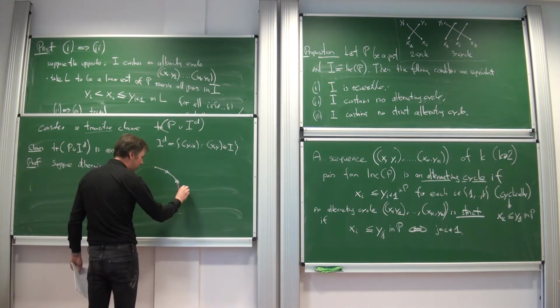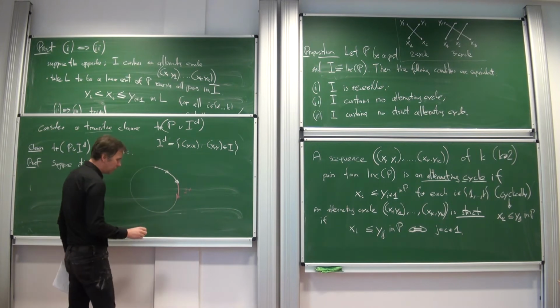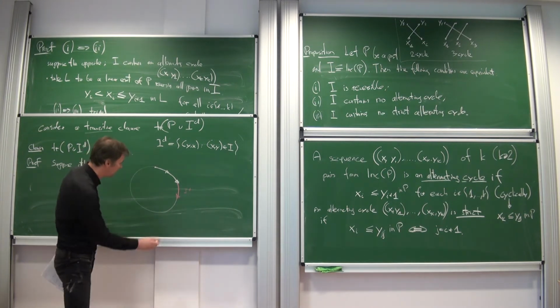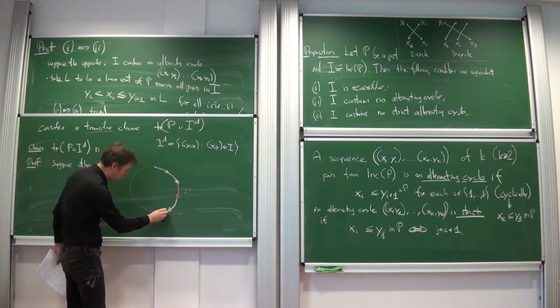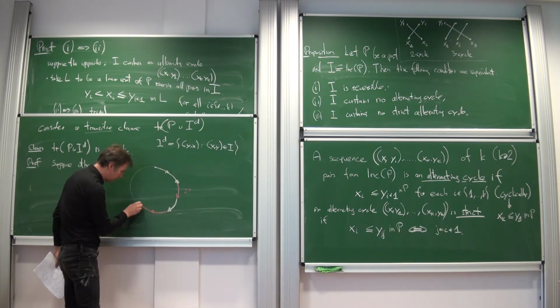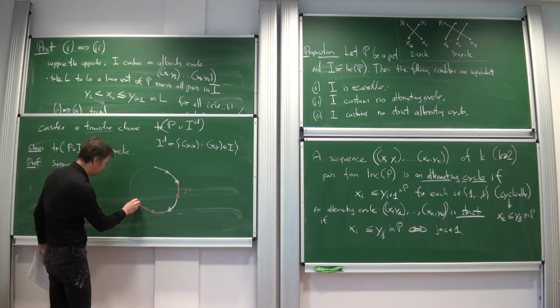This is a relation from I^d, yes? Yeah? So we can have stuff like this, yeah? And we suppose that the cycle is closed. Yeah?